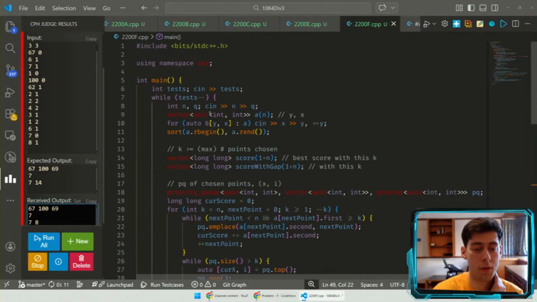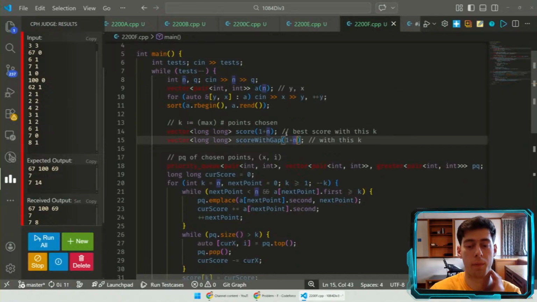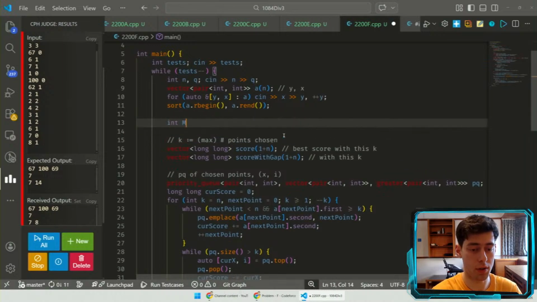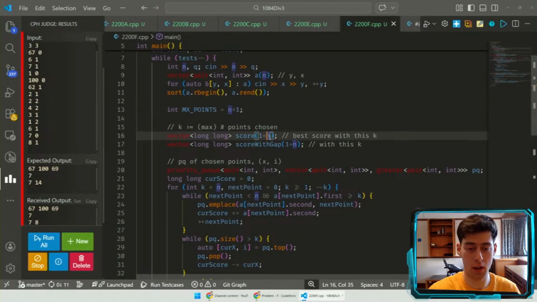I haven't accounted for the fact here that I might actually be willing to take at most n plus 1 points. Because I can take all n of the original ones and the extra one. So I've just assumed that I'll take at most n points.